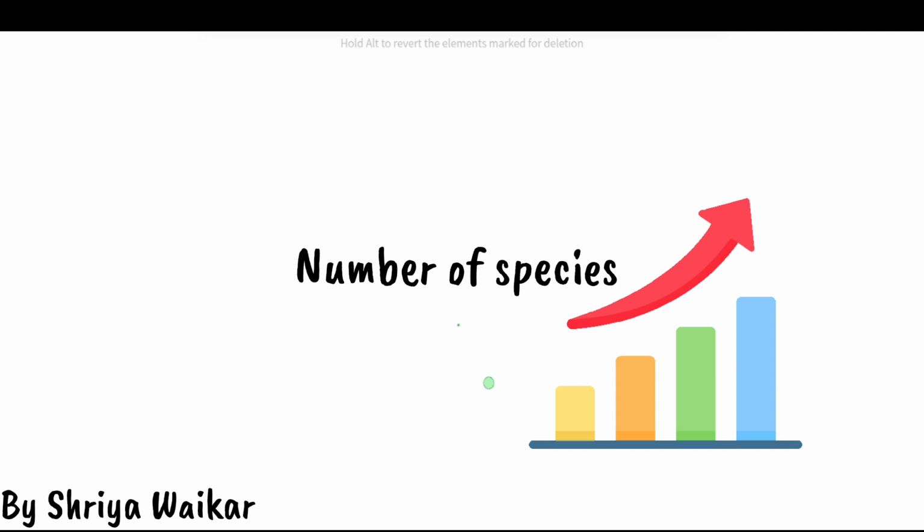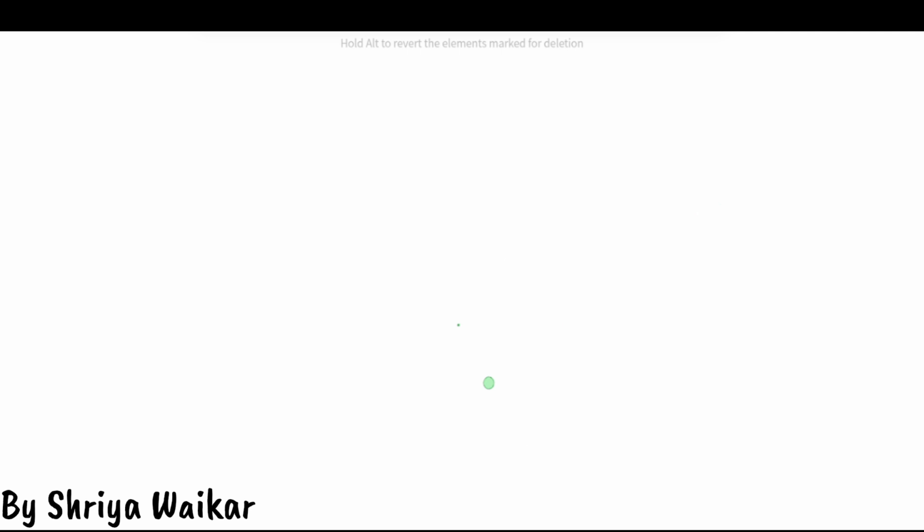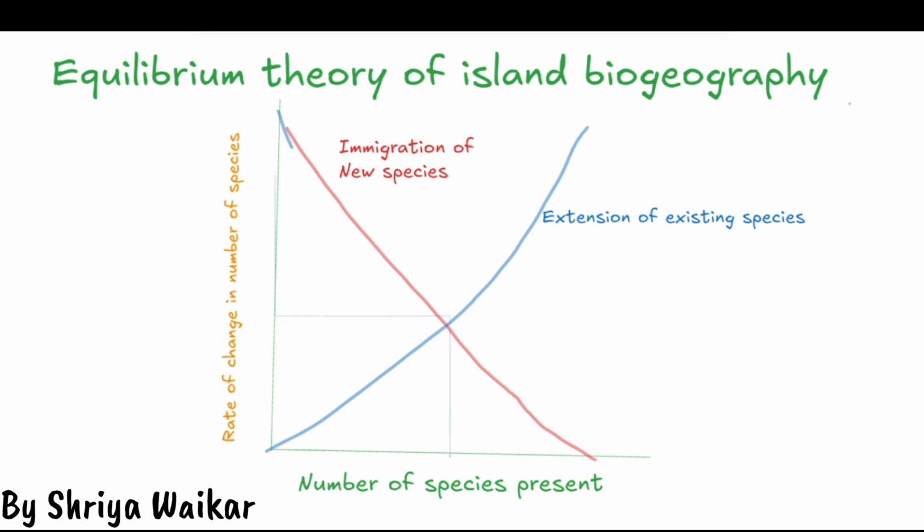At the same time, as the number of species on the island increases, the immigration rate of new species decreases. Hence the rate at which species go extinct will be higher. And when the island is relatively full, over time the countervailing forces of extinction and immigration result in an equilibrium level of species richness.